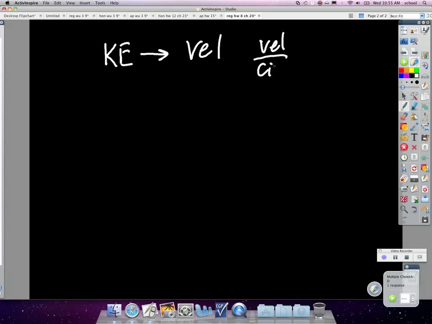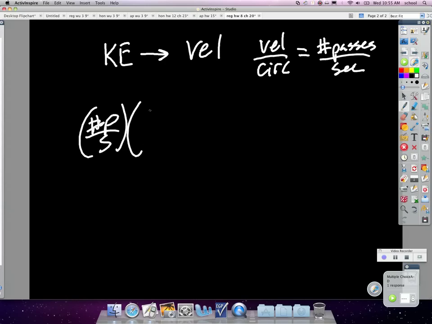And to get kinetic energy, we had to take electron volts and convert them to joules. So we took the kinetic energy, got a velocity, took the velocity divided by the circumference, then multiplied the number of passes per second by the charge per pass, and got this.